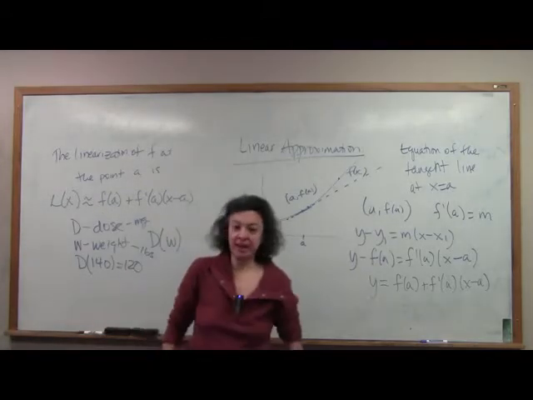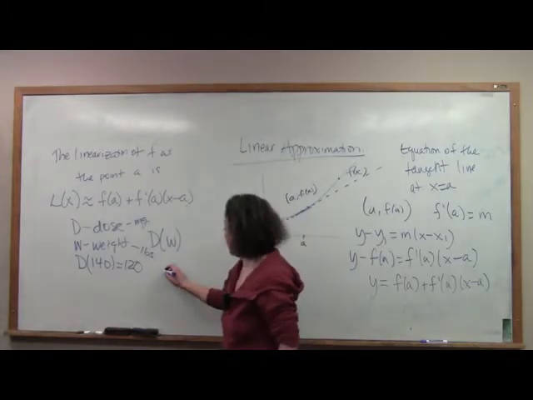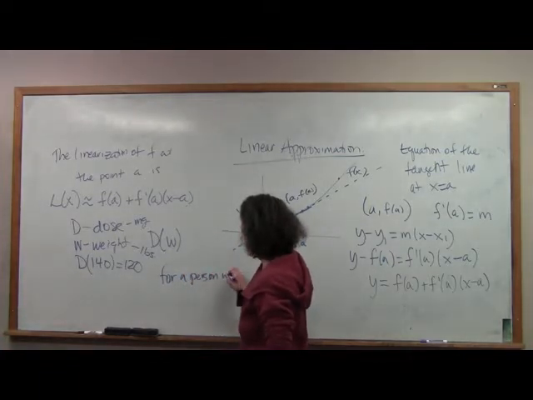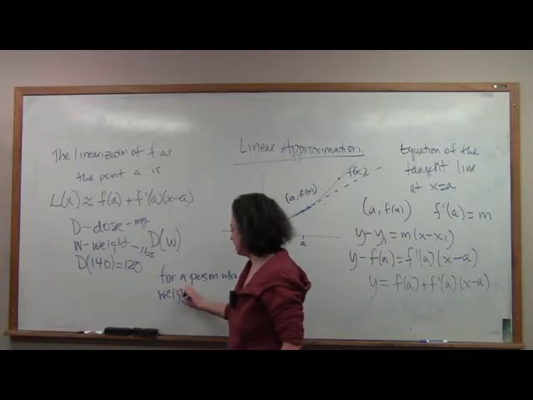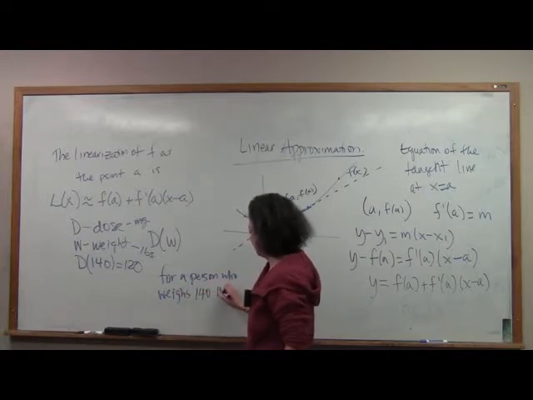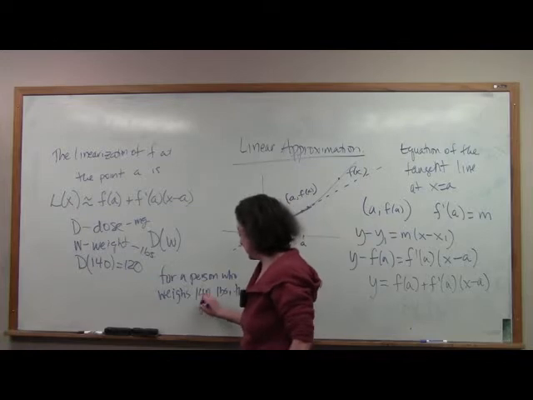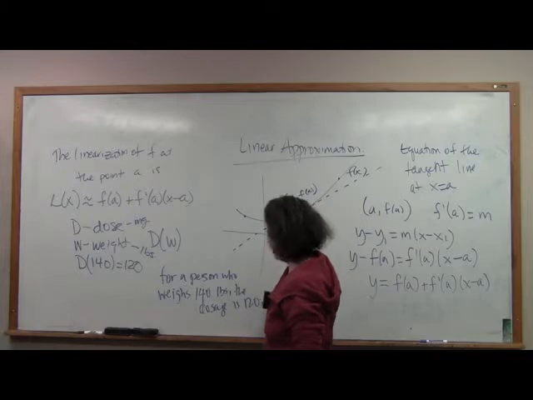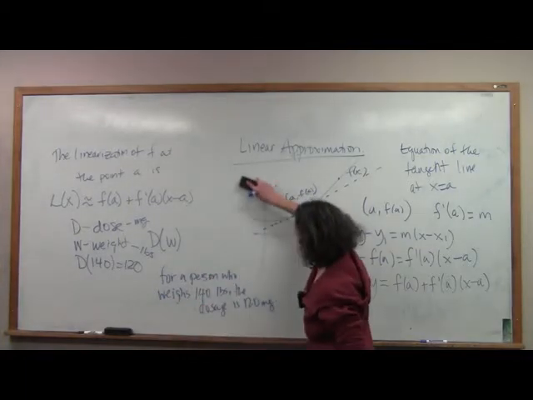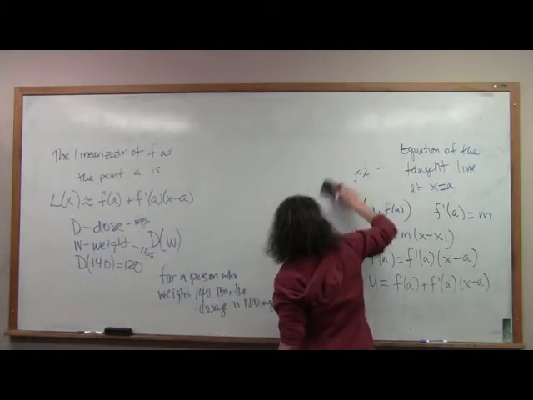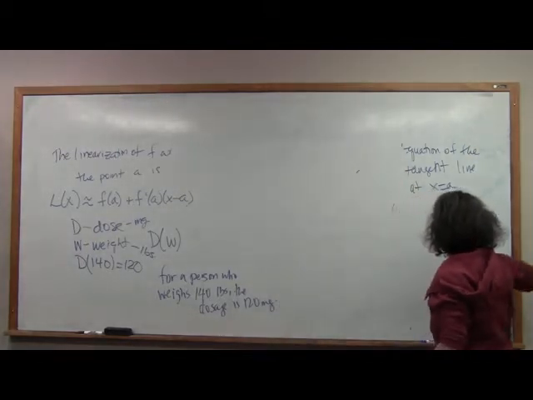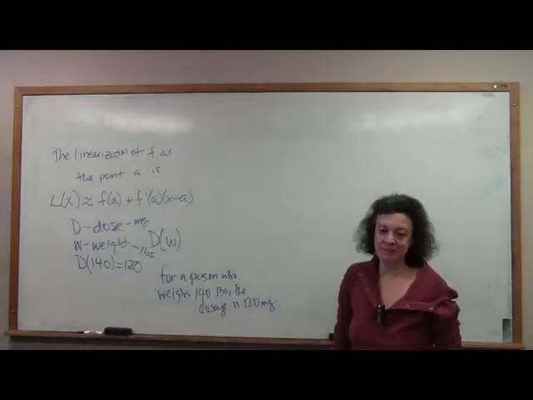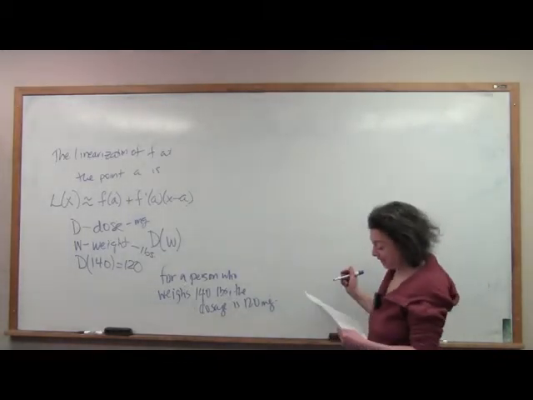What this means is that for a person who weighs 140 pounds, the dosage is 120 milligrams. All right. Now, one hopes someone doesn't use linear approximation much to do dosages, but let's keep going.